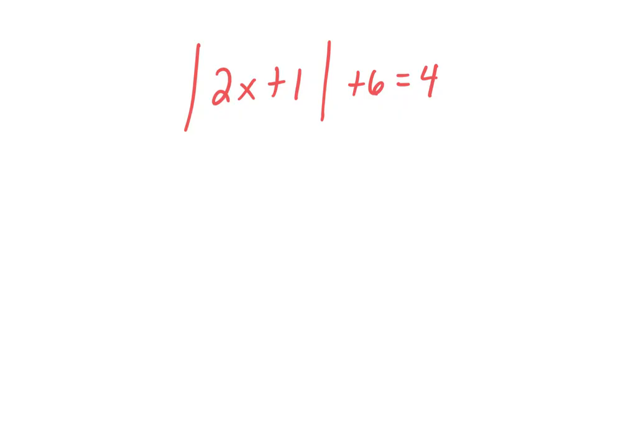Okay, whenever we see a problem like this, our goal is to get the absolute value all by itself, okay? I want the absolute value on a side all by itself. This one isn't. So we've got to get the absolute value by itself first. We've got to move everything to the other side. So what do you think we would do? Subtract 6.